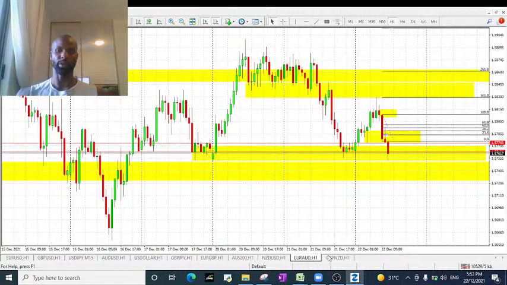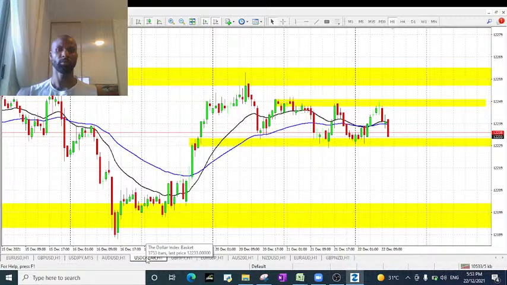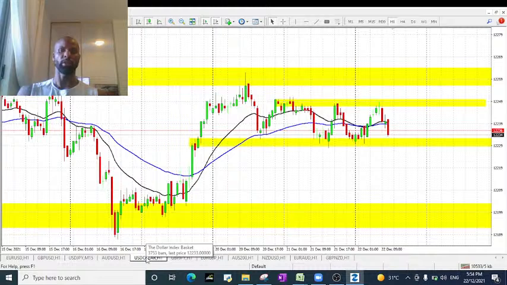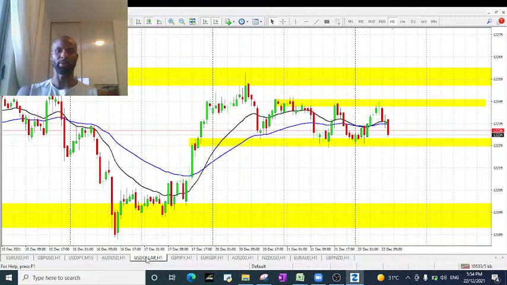So US dollar is weak. But the thing is pushing into a support zone now. So if US dollar starts bouncing from the support zone, who knows, we might see a push in our trade.